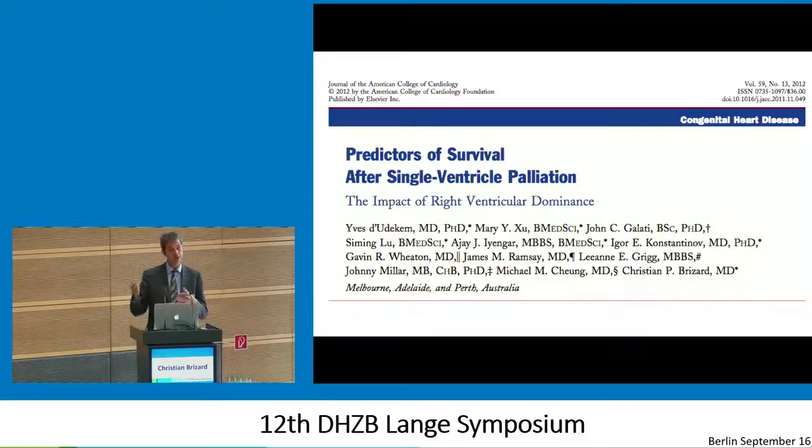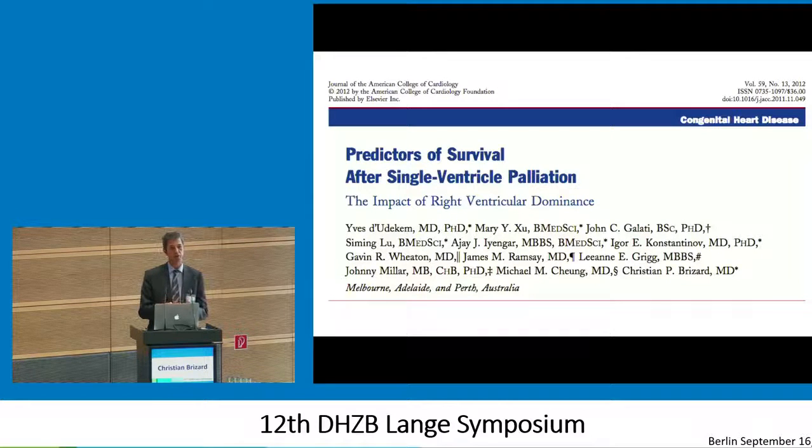As soon as the Fontan completion is there, all ventricular anatomy are equivalent, and we have found in the Fontan registry in Australia and New Zealand, which now collects the data of more than 1,500 Fontan patients, that at least initially, all anatomy are equivalent.